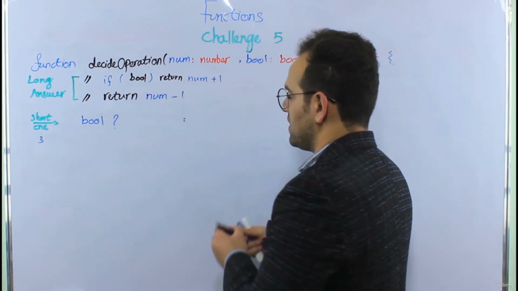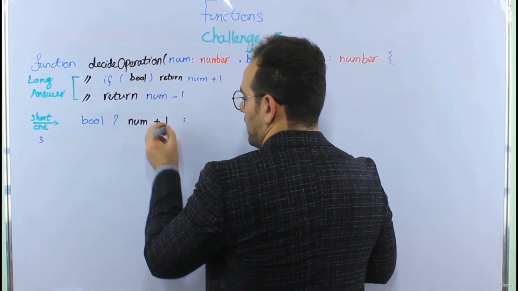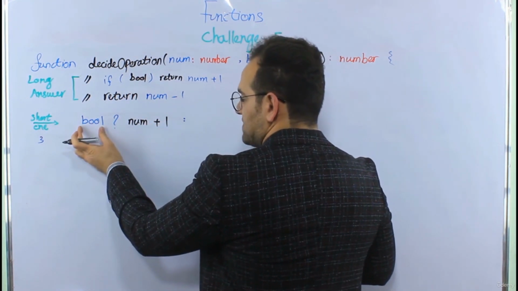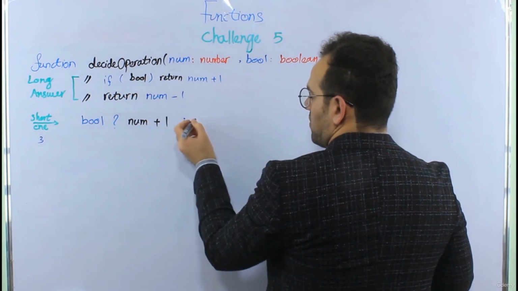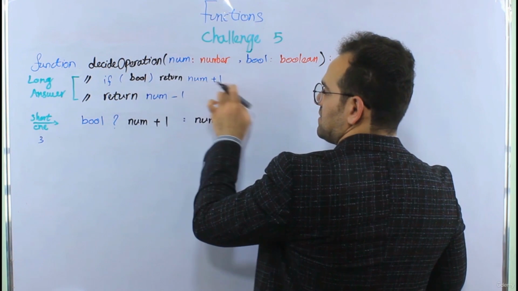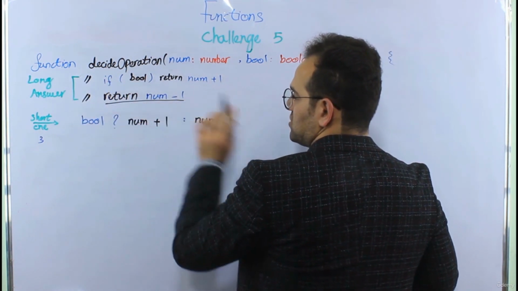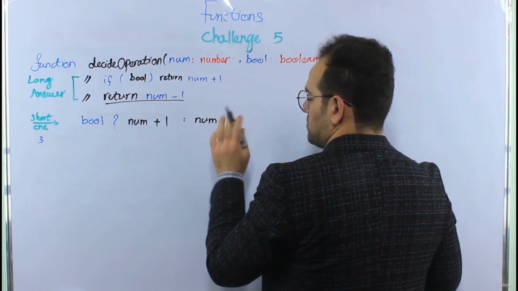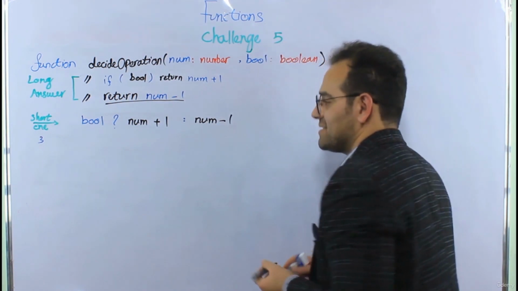That is num plus 1. So I'm going to say num plus 1. If bool is false, then this is the else part of this ternary operator. We're going to say num. So when this if statement is false, we immediately jump into this return key, which is num minus 1.